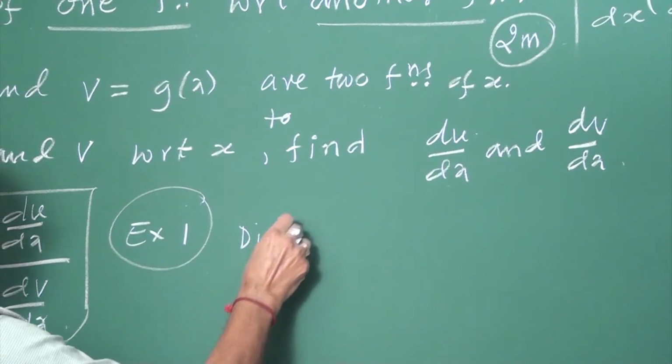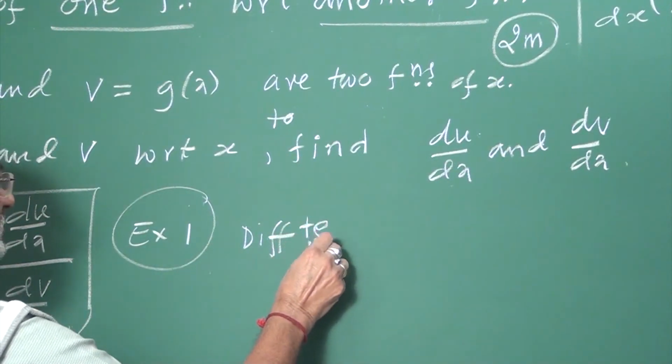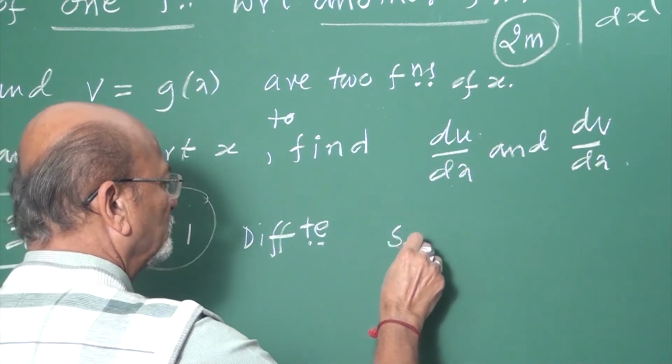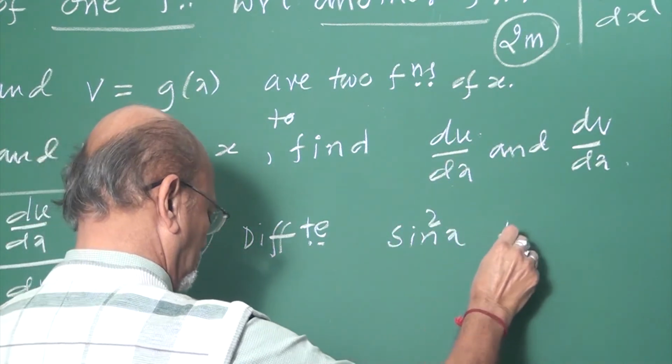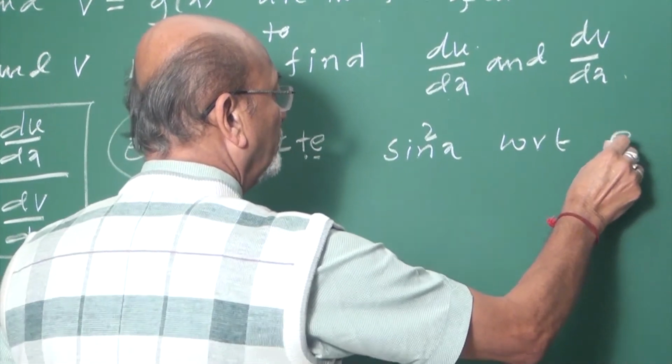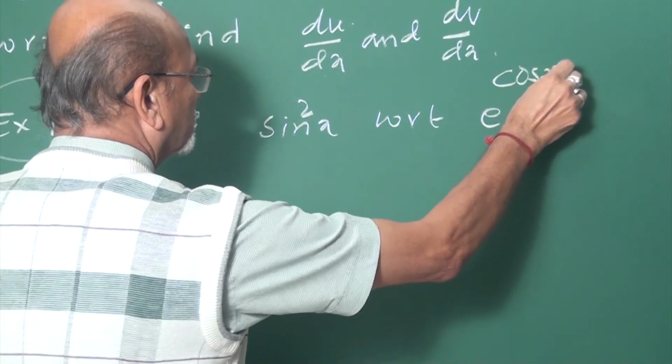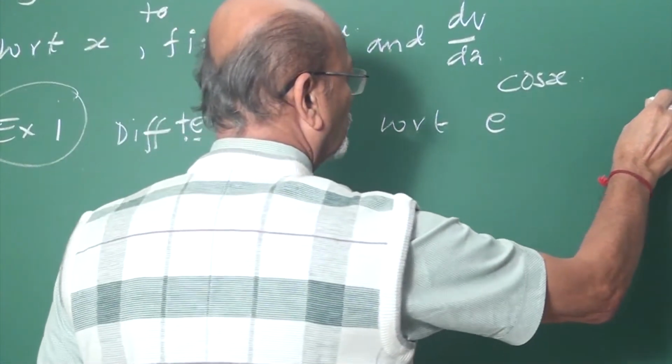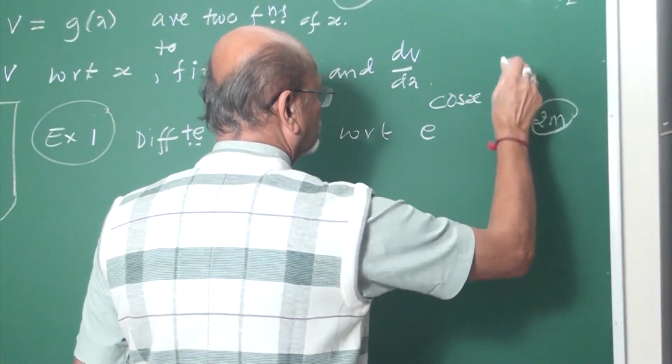Differentiate sine square x with respect to e to the power cos x. It is a 2-mark question, my friends. 2 mark.